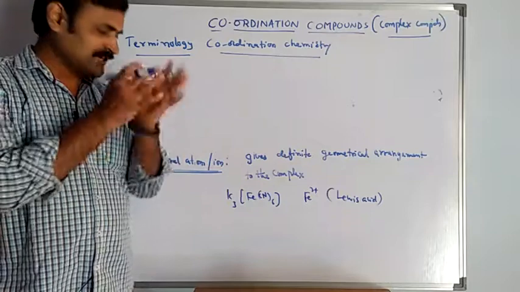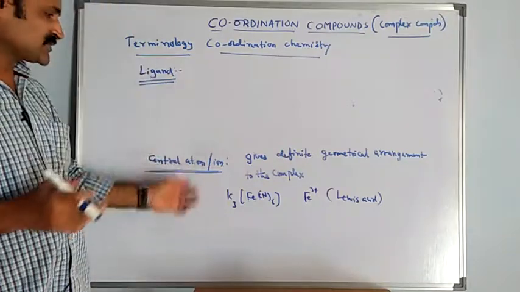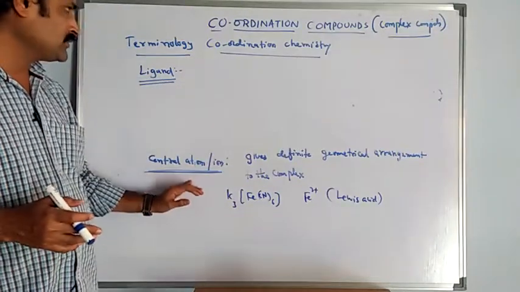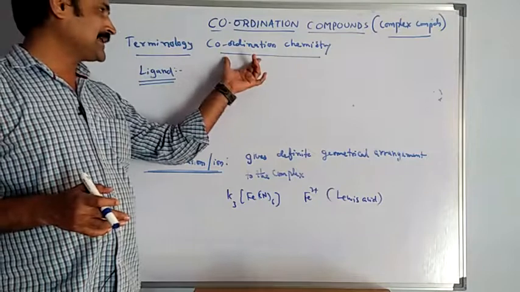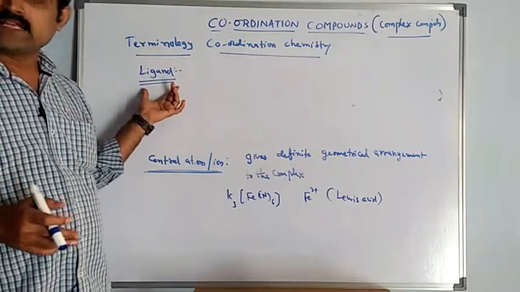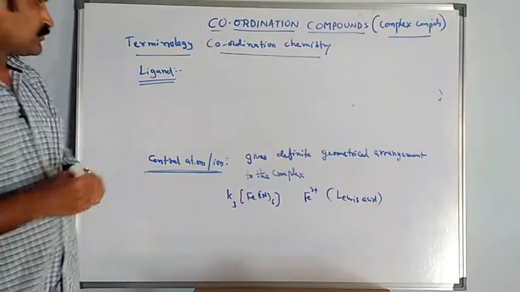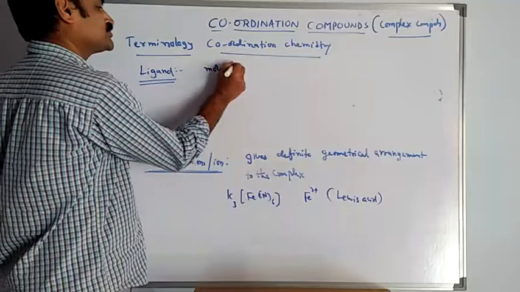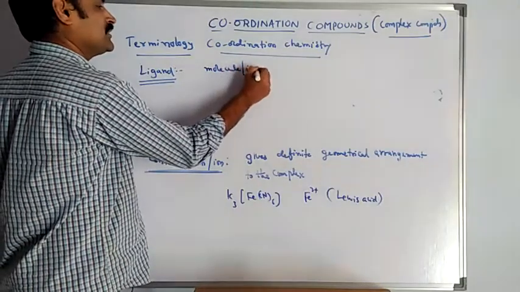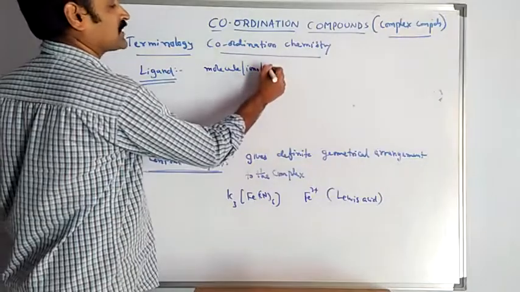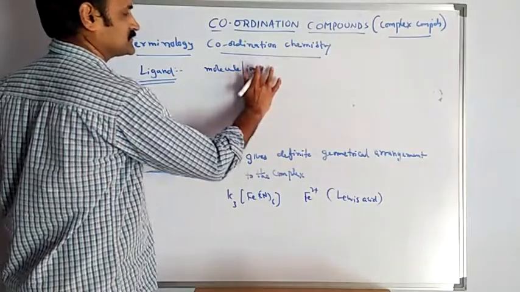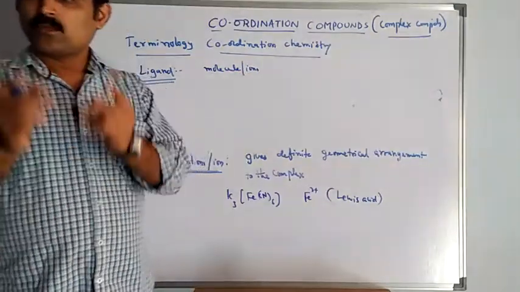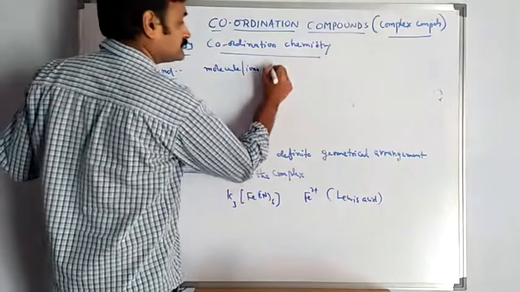So that type of species which are around the central metal atom or ion present in the coordination entity are called ligands. They may be molecules, or ions, or neutral atoms.